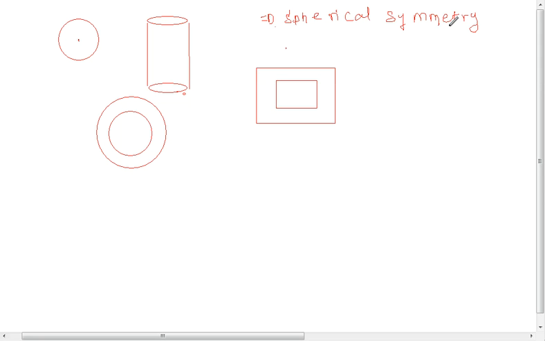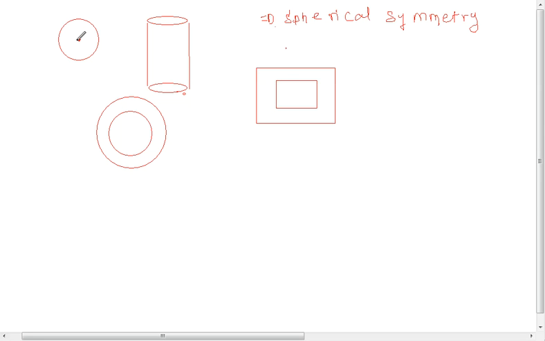For example, this is a sphere of mass m, in which the mass is uniformly distributed, so its center will be the center of mass. Now suppose this is a hollow sphere.